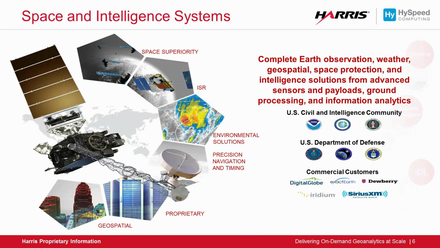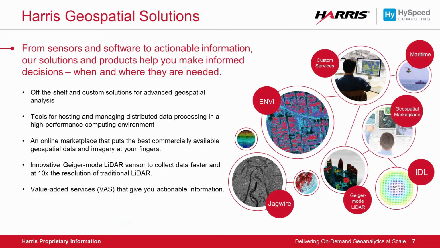Now, Harris Geospatial Solutions, we've actually been around a while, and I've added a slide to show you where we started. We have everything from sensors to software, and we deliver answers to a lot of our customers in a number of ways.